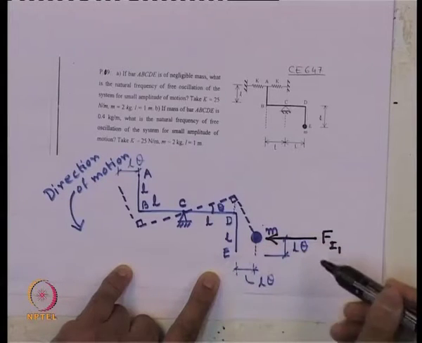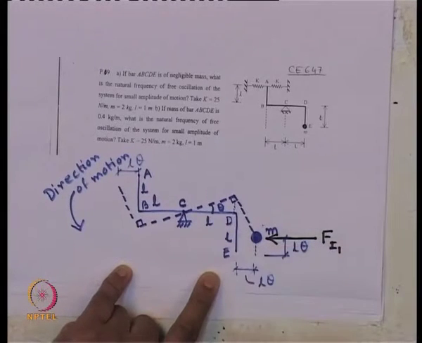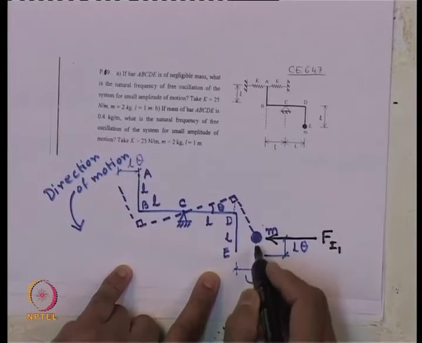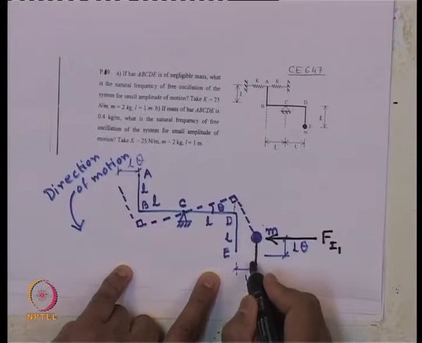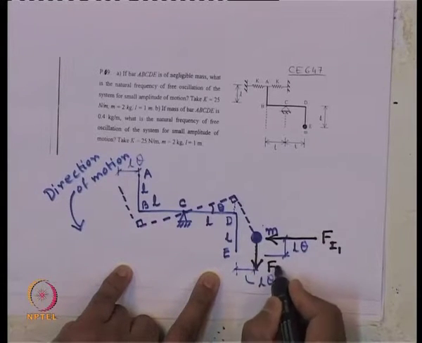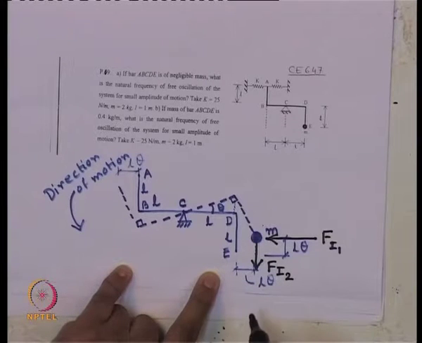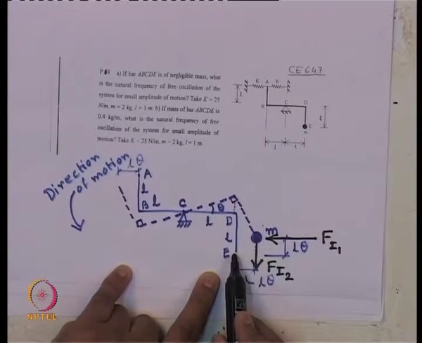So, that is why the direction of the horizontal inertia force is in this direction, and the vertical inertia force will act vertically downward, let us say that is F I2. For a similar reason, that vertical inertia will try to bring the mass back to its original position.